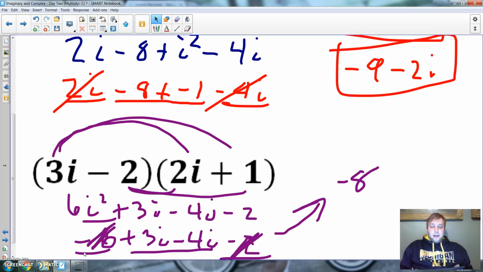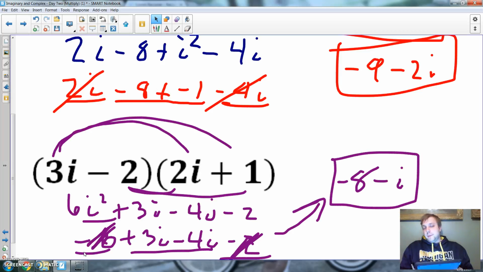Positive 3i minus 4i is -i. 3 minus 4 is -1i. Done. Can't combine. This is not a hard lesson. We're basically doing all the old stuff like foiling, combining like terms. Remember, when this is multiply, you gotta foil that sucker.